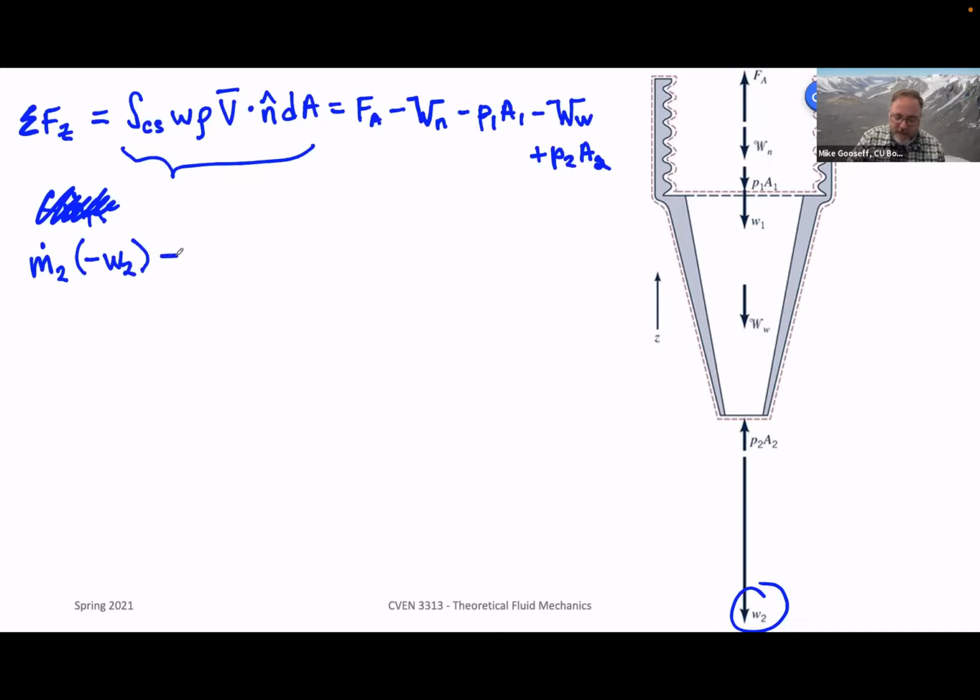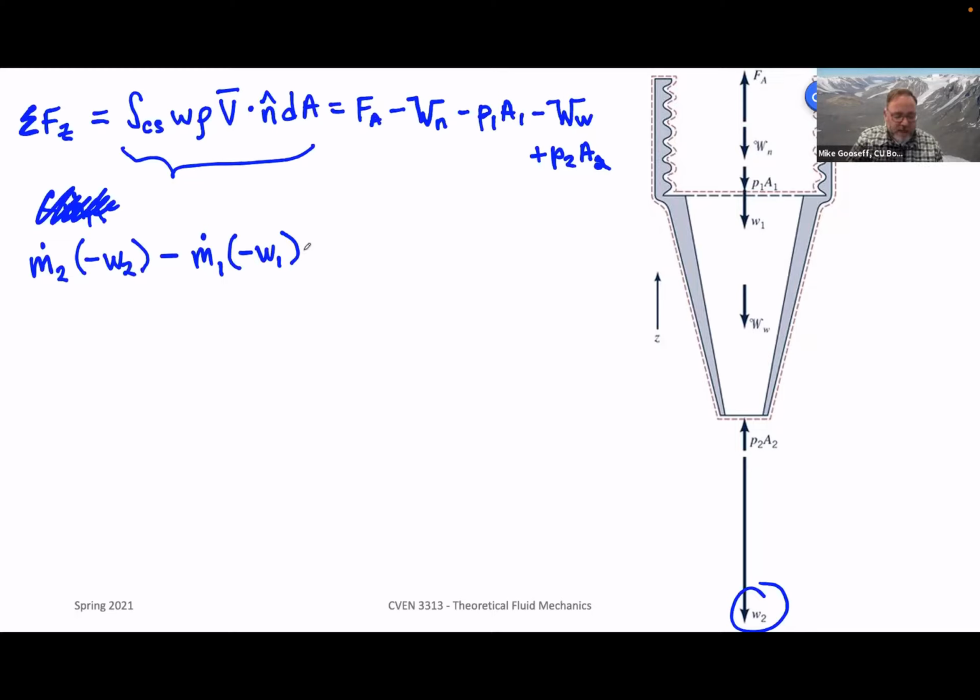Then we subtract the inflows, which is minus m dot 1 times, and now we also have a negative W1 because W1 is also going in the negative x direction. Okay, so the signs on the velocity components here are relative to their direction. The signs on the m dots are just relative to whether we are in the sum of the outflows minus the sum of the inflows, so whether you are inflowing or outflowing. All right, so that becomes that.